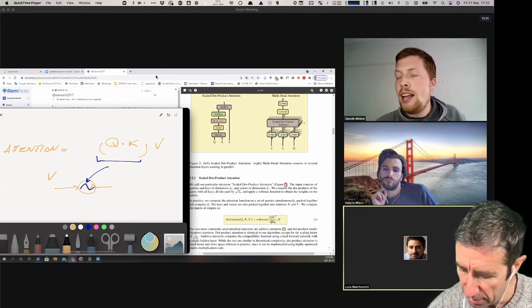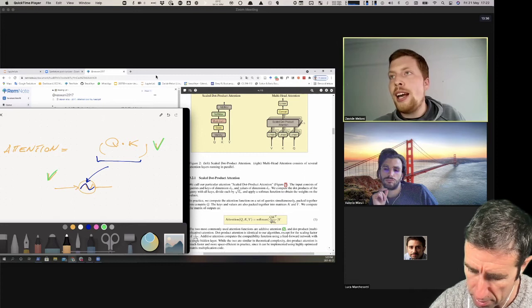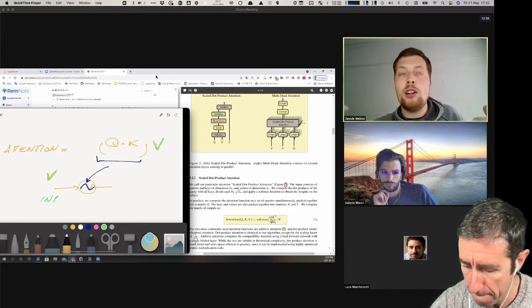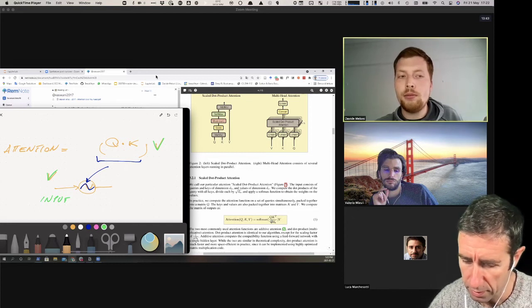And you can see the power of this architecture, because you can compute the attention between two words that are very distant from each other.